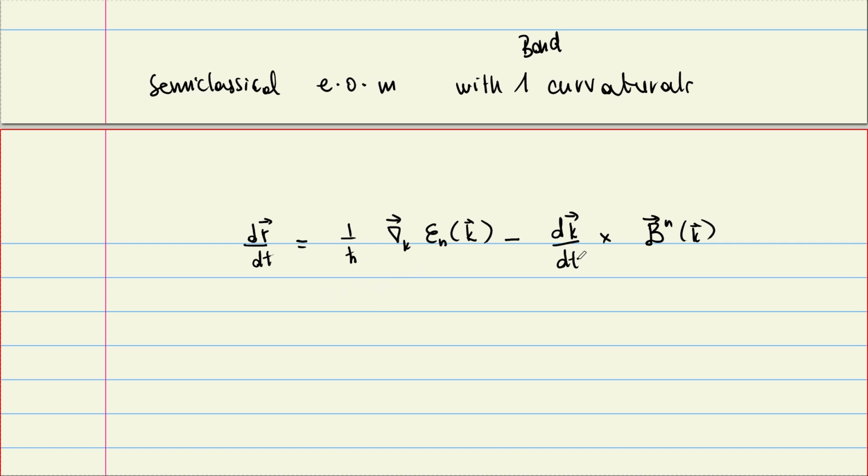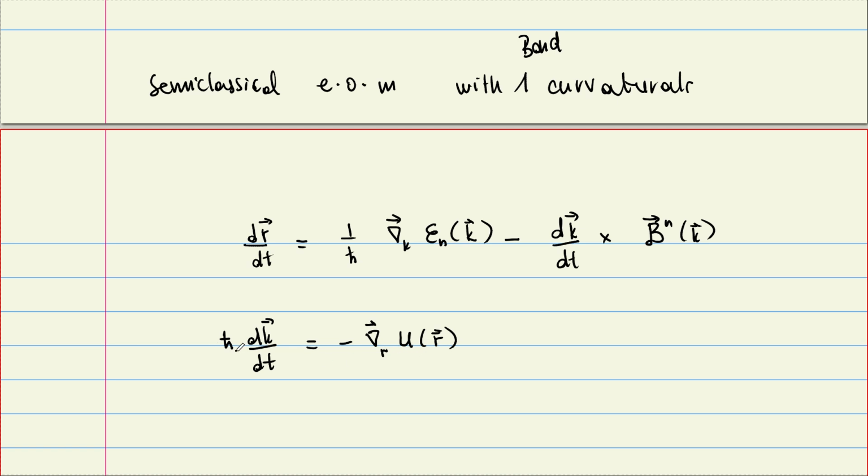And we can also write dk dt. I think I need to have an h bar here. So h bar times dk dt is going to be gradient, right? Exactly like this gradient, but it is in the real space of some potential u of r.